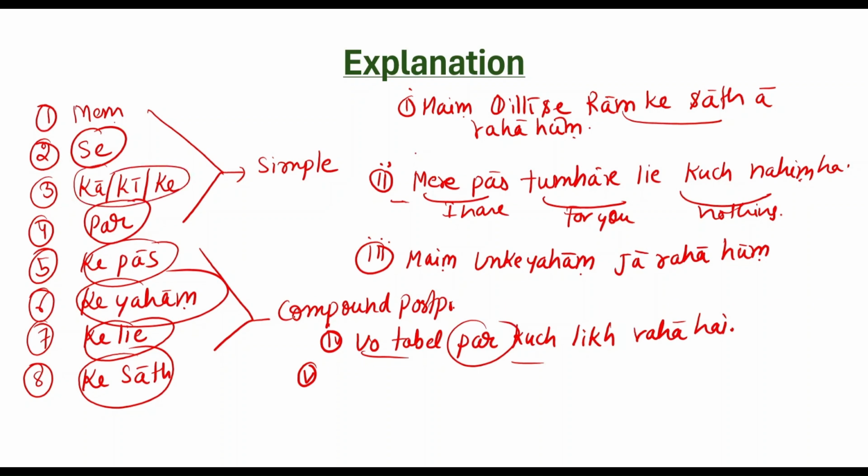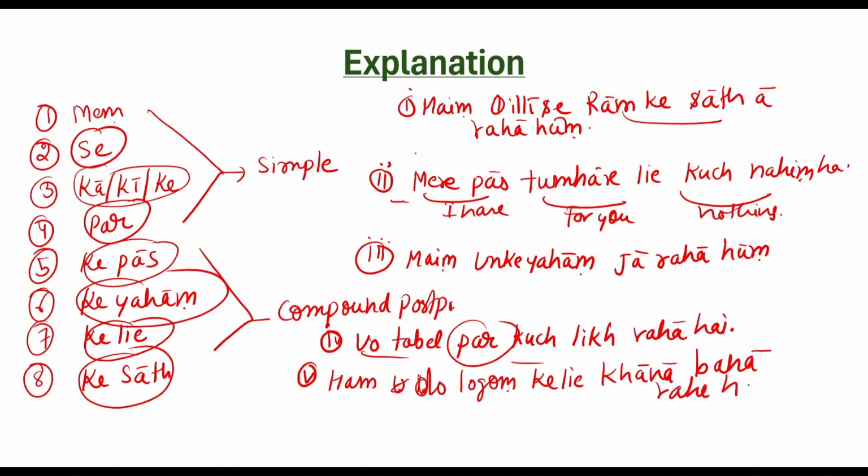Then हम, let's make one with का के की. हम दो लोगों के लिए खाना बना रहे हैं. हम दो लोगों के लिए खाना बना रहे हैं.